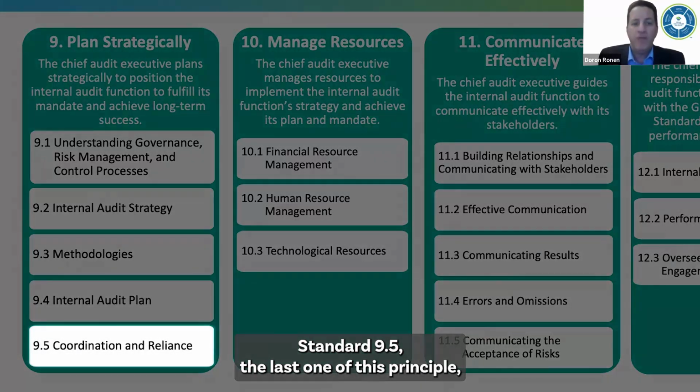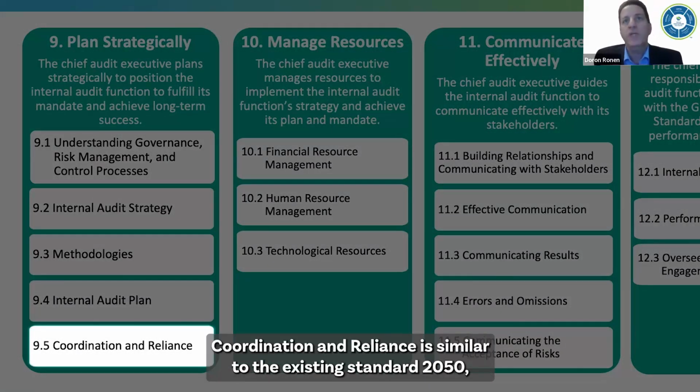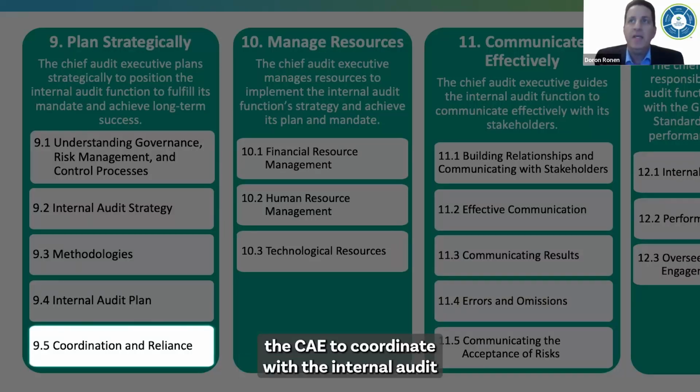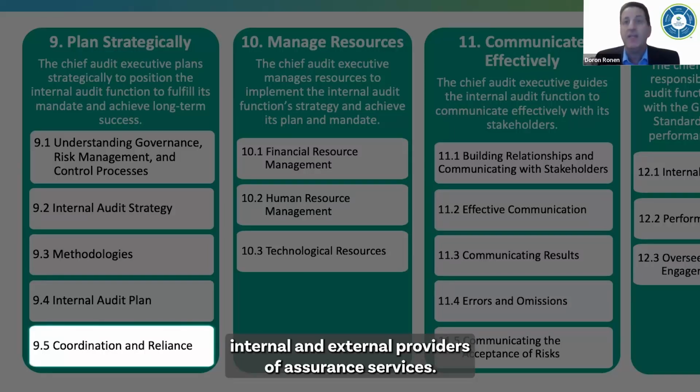Standard 9.5, the last one of this principle, Coordination and Reliance, is similar to the existing Standard 2050, except that it requires the CAE to coordinate with internal and external providers of assurance services.